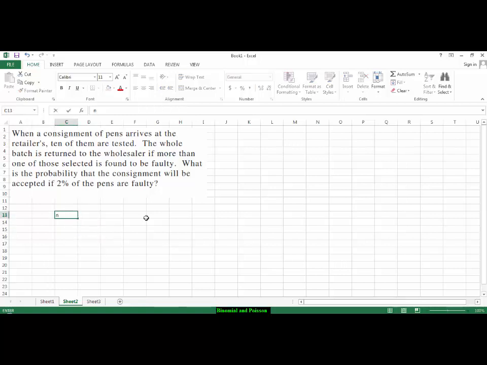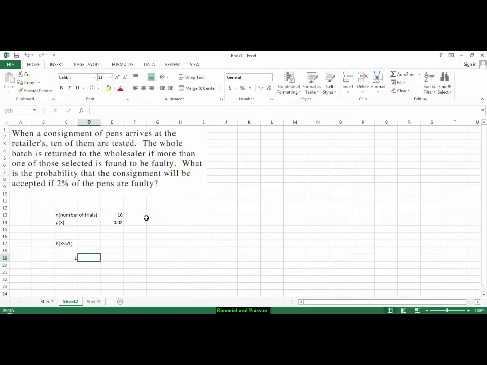So, my n, which is the number of trials, is equal to 10, and my probability of success is equal to 0.02. Now I am looking for the probability of x being less than or equal to 1, because if the number of defective pens is less than or equal to 1, then the whole consignment will be accepted.